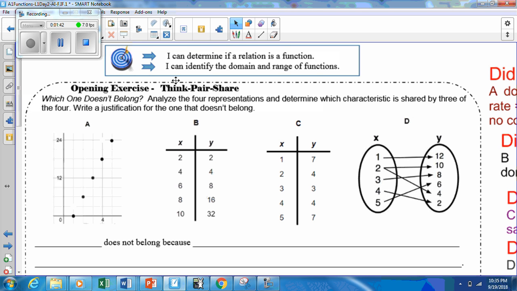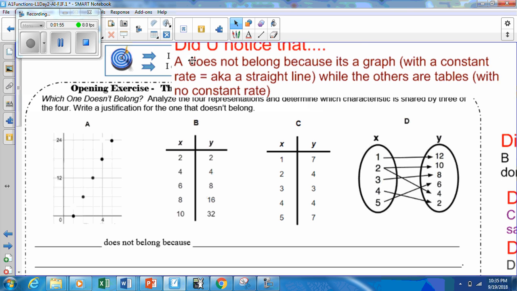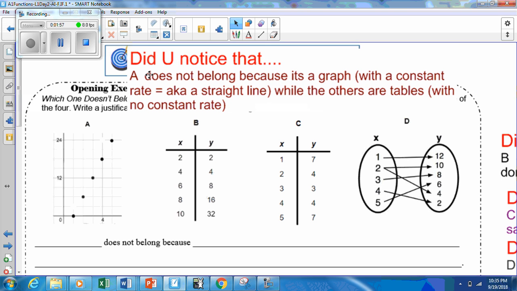For example, in A, did you notice any of this? It's the only one that actually generated a straight line. None of these patterns will graph to a straight line. And because it's a straight line, we know it has a constant rate. So that was kind of interesting.